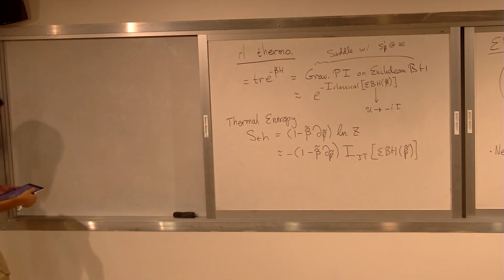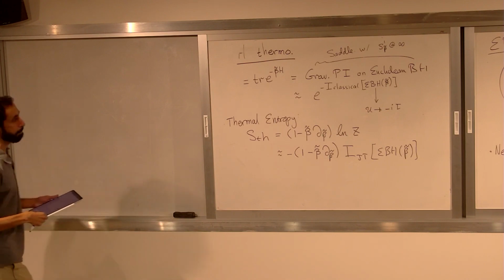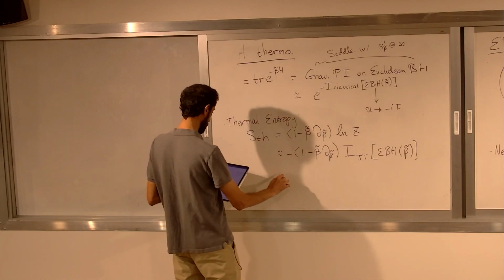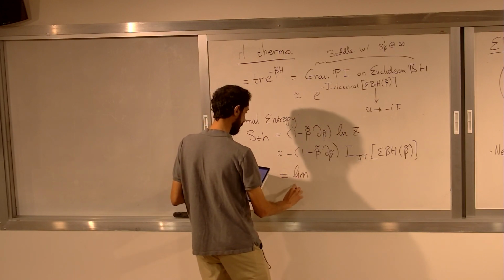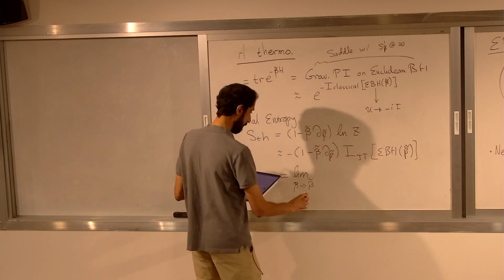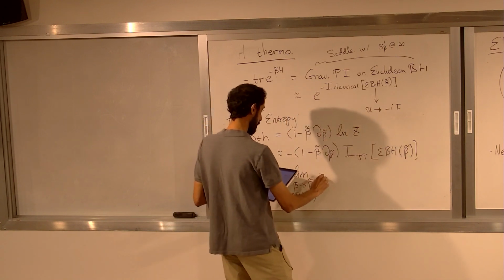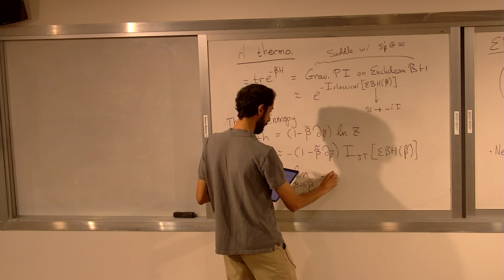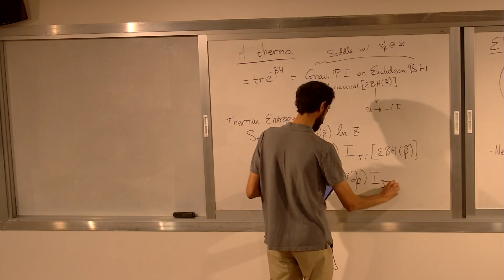Okay, so let me do the following thing. Let me write this as the limit of beta tilde going to, so rather beta going to beta tilde, where beta is greater than beta tilde, of this object, 1 minus beta d beta by JT.